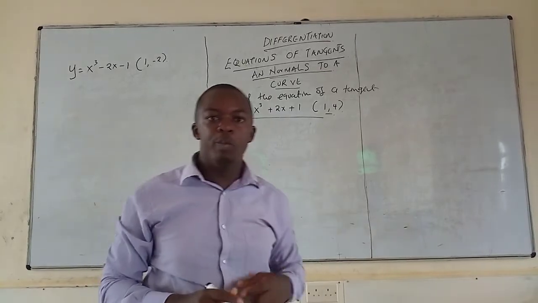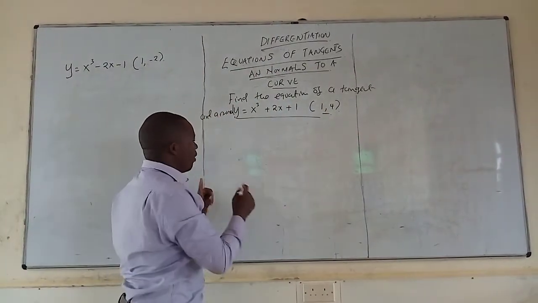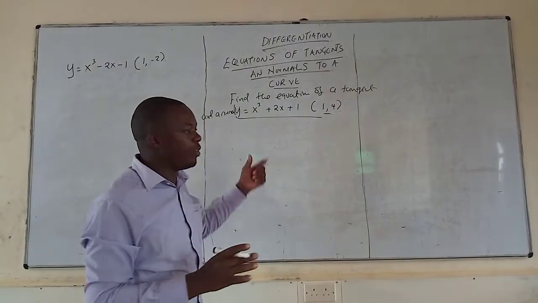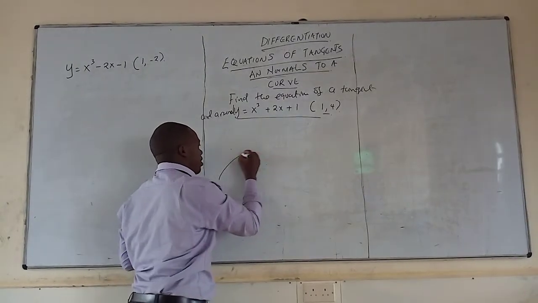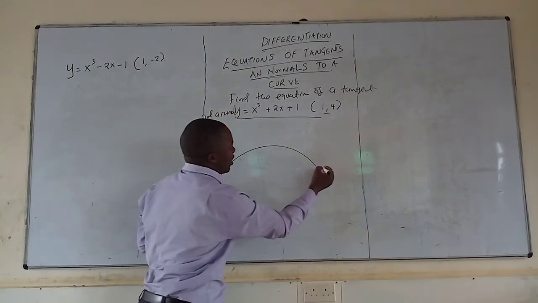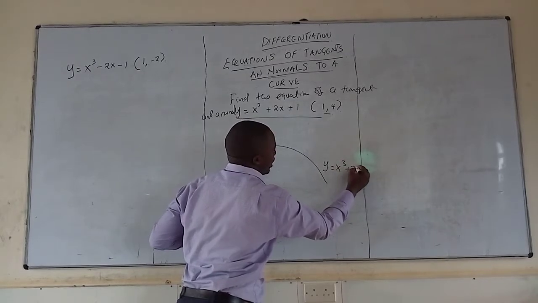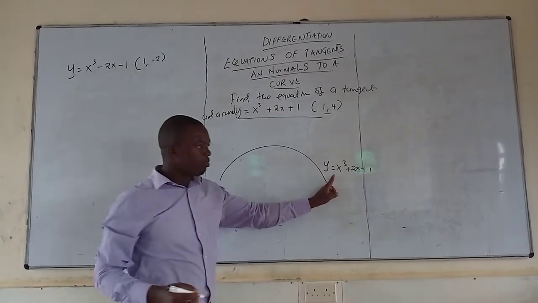Remember, the point has to be given and it is very specific. It is (1, 4). So I want to make a rough sketch of this curve. Now the equation is y is equal to x cubed plus 2x plus 1.